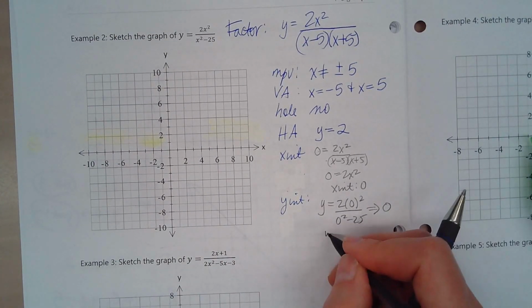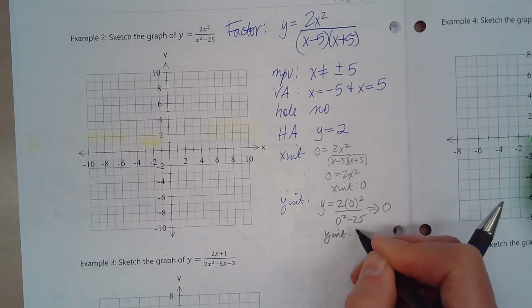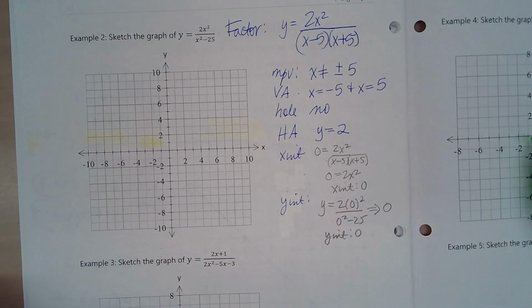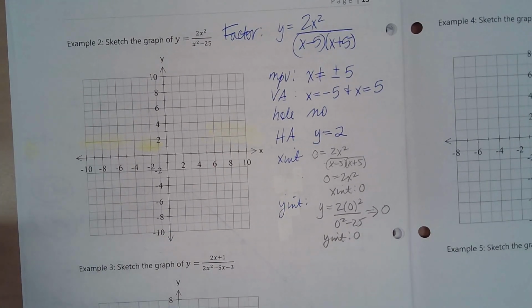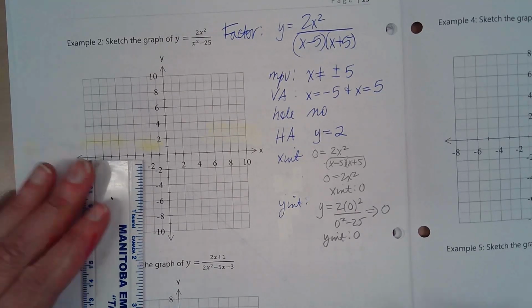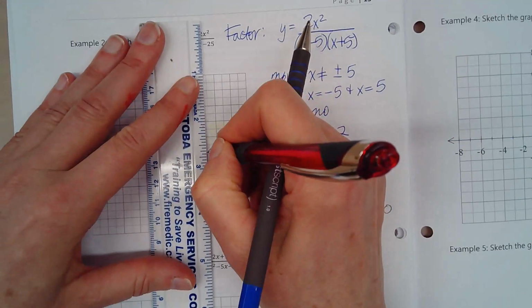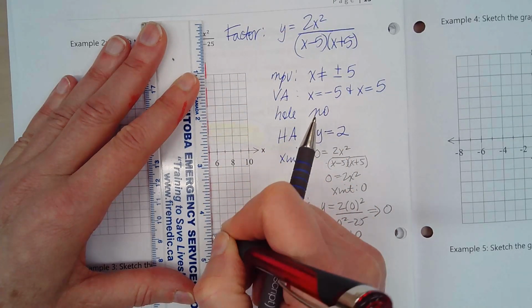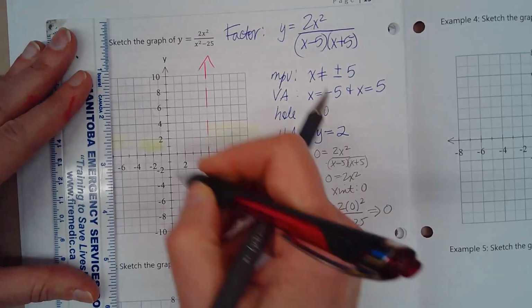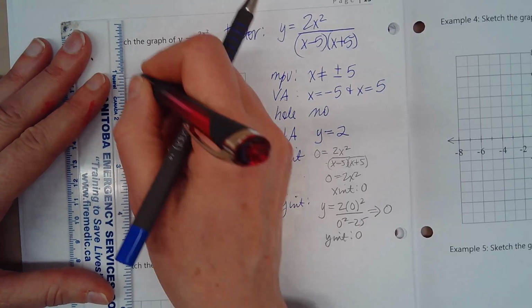And I knew that. My y-intercept is 0. Okay, I think I'm ready to graph. I'm going to start with my asymptotes at plus and minus 5, so again, vertical dotted lines where your asymptotes are.